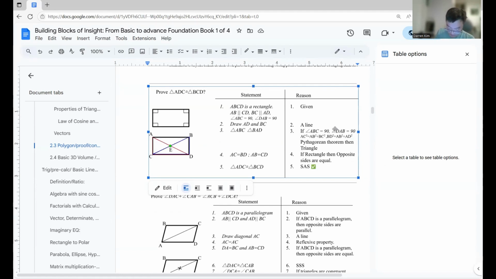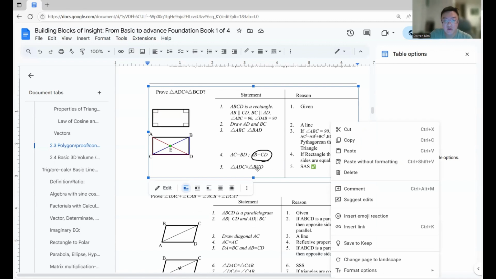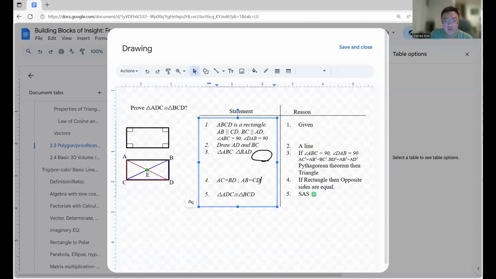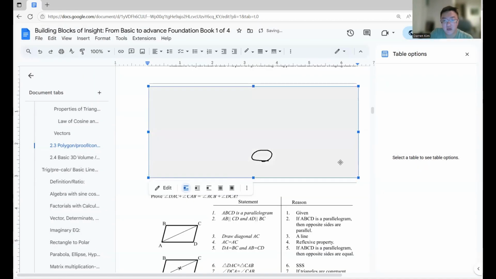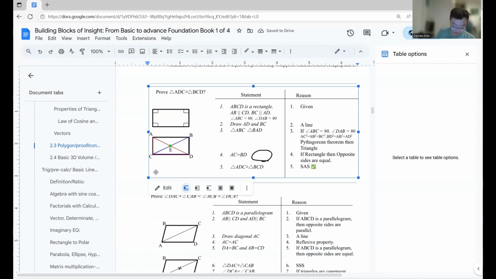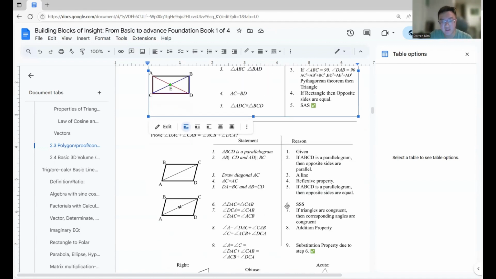I do not know why I put A, B, C, D. That is a waste of space, I just realized. So let me edit this and just delete that because why on earth do you need it? Now you're gonna see a clear difference of what I put in the given just because I'm lazy.